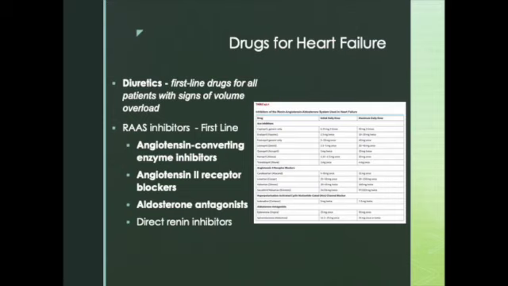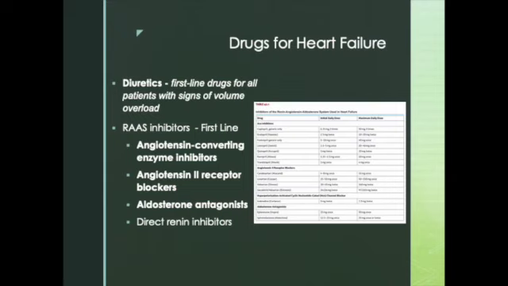But because ARBs don't increase your kinin levels, you're not going to see the effect on cardiac remodeling. Because of that, patients that can't tolerate an ACE inhibitor usually can tolerate an ARB, because ARBs don't increase your bradykinin levels. Therefore, you're not going to see this cough.